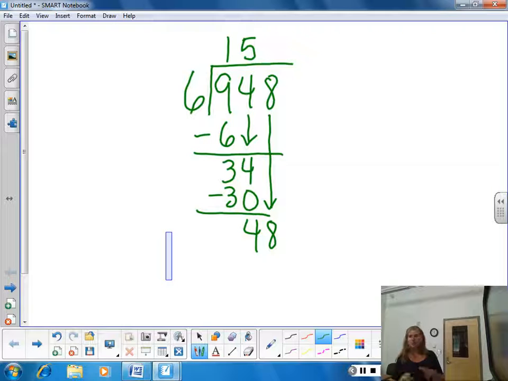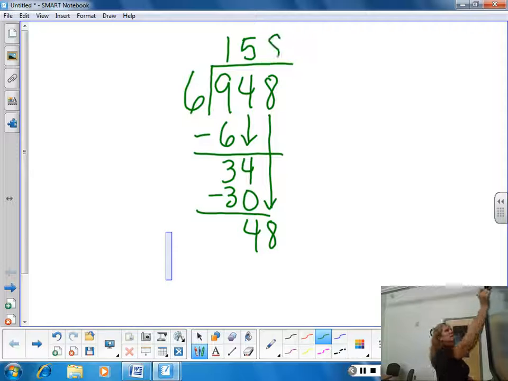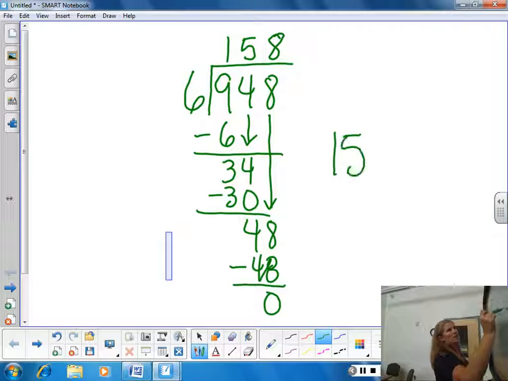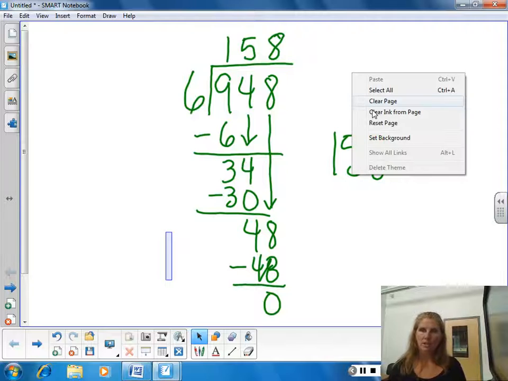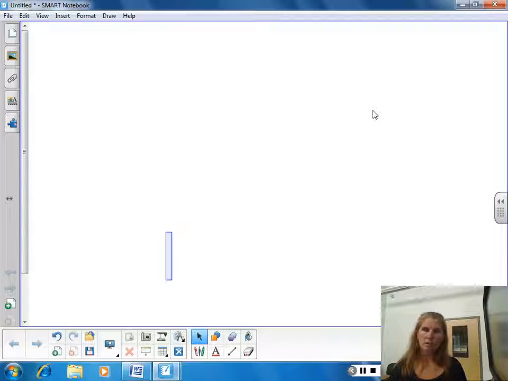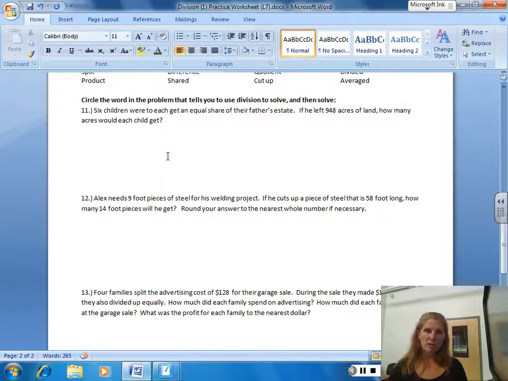If you don't know them, have your multiplication sheet out beside you. And then that is 8. 8 times 6 is 48. And we don't have any remainder. So that means that each child gets 158 acres when they get their inheritance. Okay, so it's sharing the acreage equally among them, so we're dividing by 6.